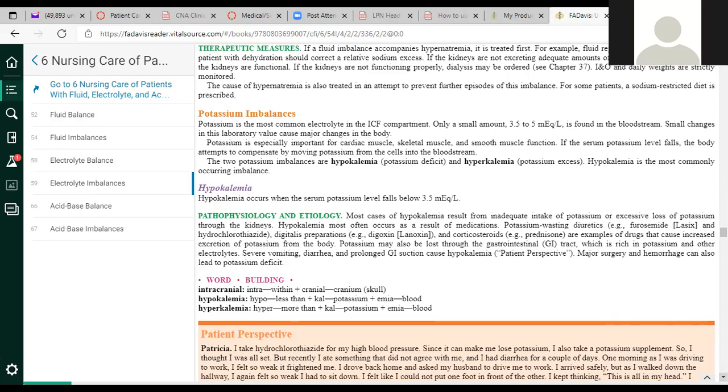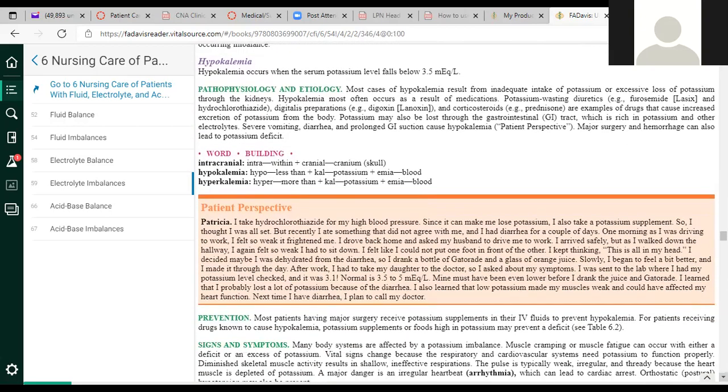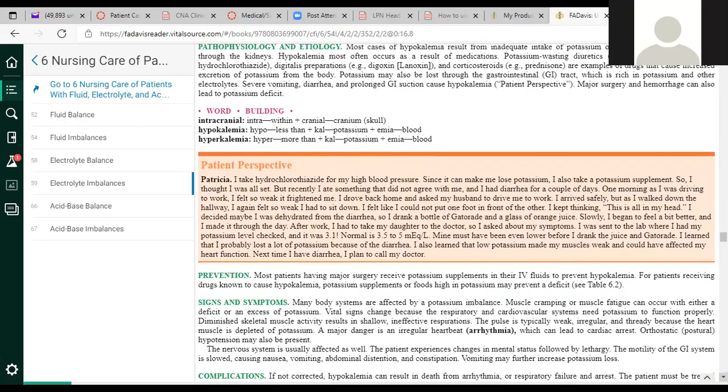What are some things that can cause potassium loss? What are some things you all know that can cause potassium loss? Because I know y'all should have learned one thing today that causes potassium loss. A lot of sodium? No, sodium doesn't cause it.